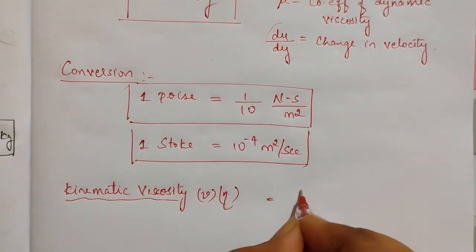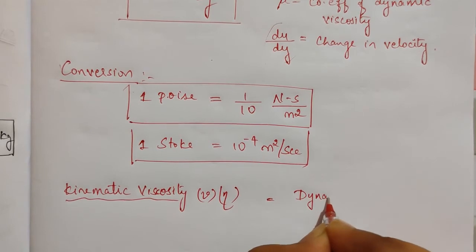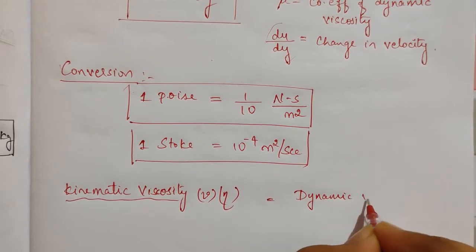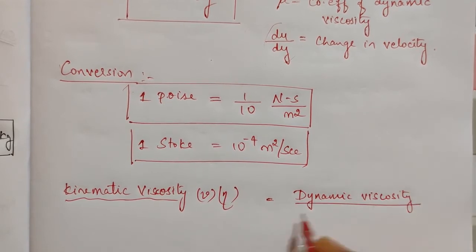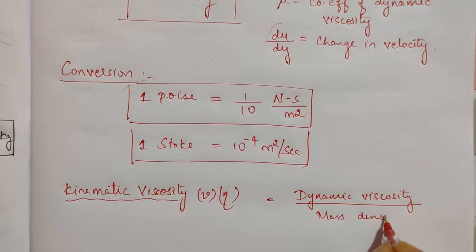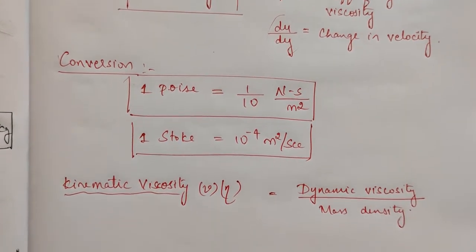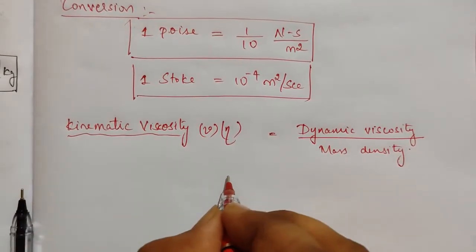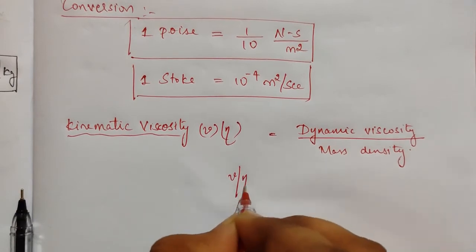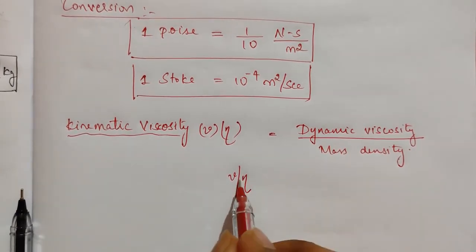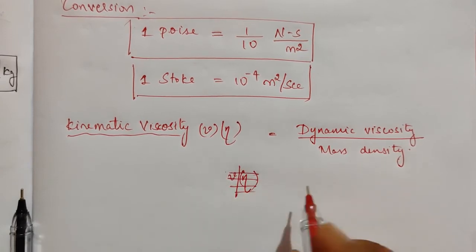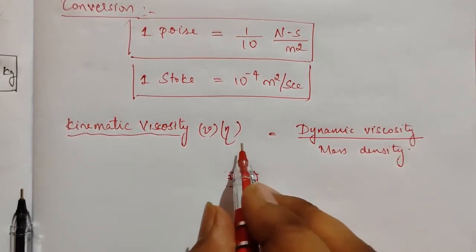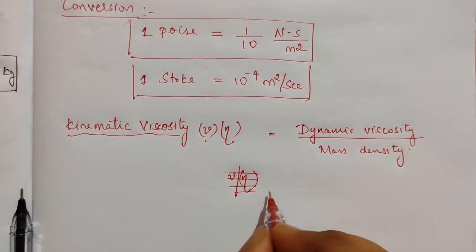Now what is the formula? It is nothing but the dynamic viscosity divided by mass density. I'll take only one term, either this or this.